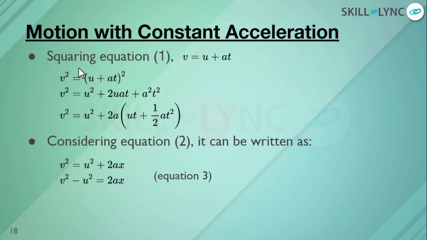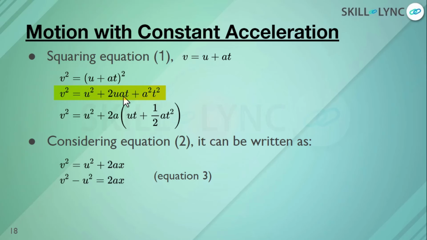Further, for getting ahead, we already know that equation 1 was v is equal to u plus at. After squaring equation 1, we would get v square is equal to u plus at, whole square. The LHS would be v square only, but we can apply a mathematical formula we have studied in basic classes: a plus b whole square is a square plus b square plus 2ab.